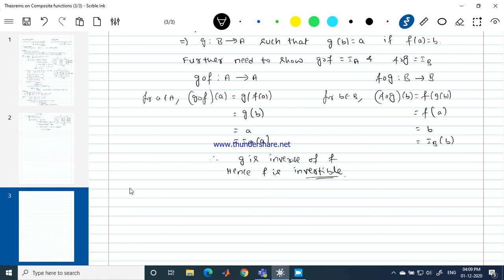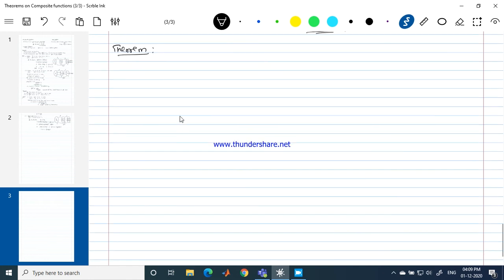Now let me see a second theorem on invertible functions. So this is what it says. If F from A to B and G defined from B to C are invertible functions, then F composition G defined from A to C is invertible.